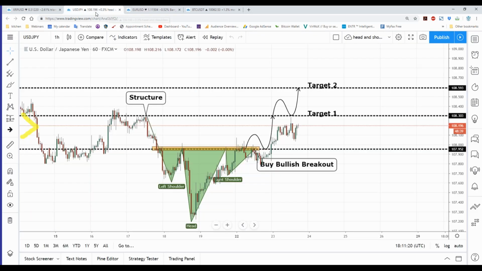Now, you can see on here I've located a head and shoulders, inverted head and shoulders. Well, a head and shoulders is quite famous. Okay, it's really a very reliable pattern, except for us who are trading in small increments of time.